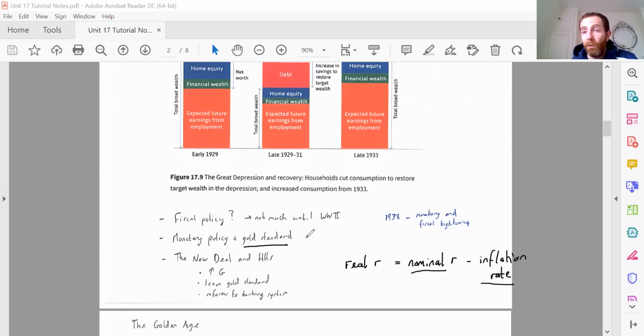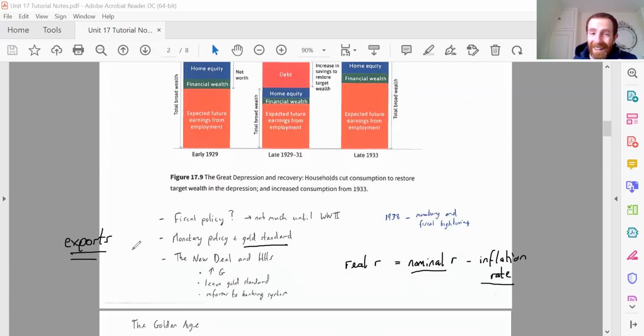So how could the US respond to this to encourage people to hold on to dollars? One way would be to try to encourage greater levels of exports. But that's tricky, and that's something that might take time, right? To improve the competitiveness of US exports might take a bit of time.